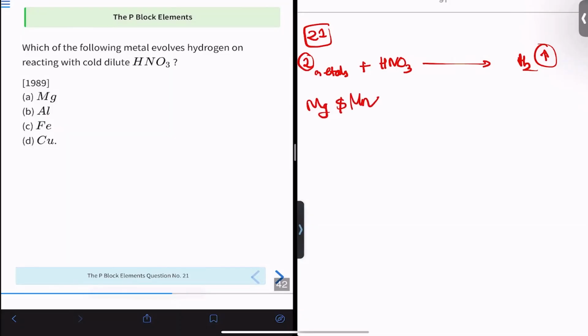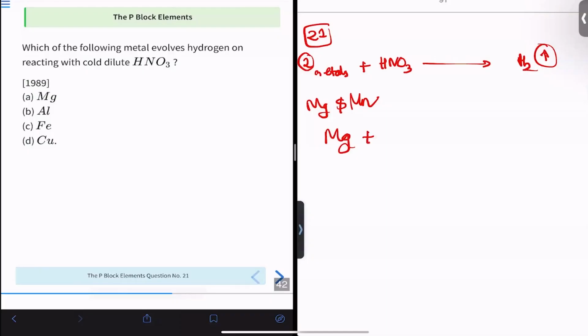Both their names start with M. So magnesium and manganese, when reacted with nitric acid, evolve hydrogen. Here only magnesium is given.